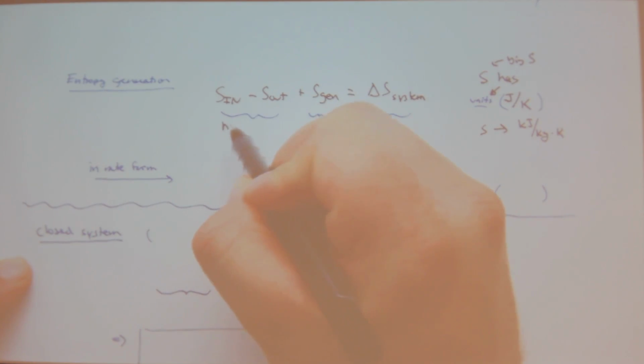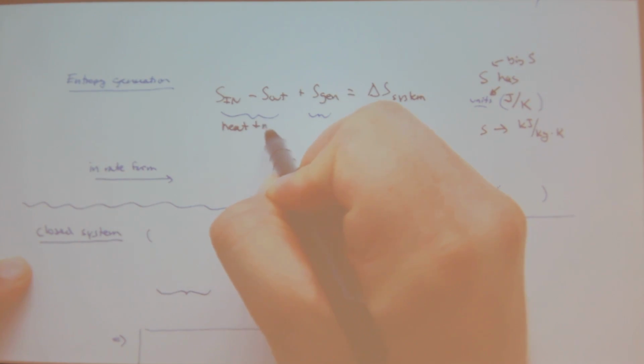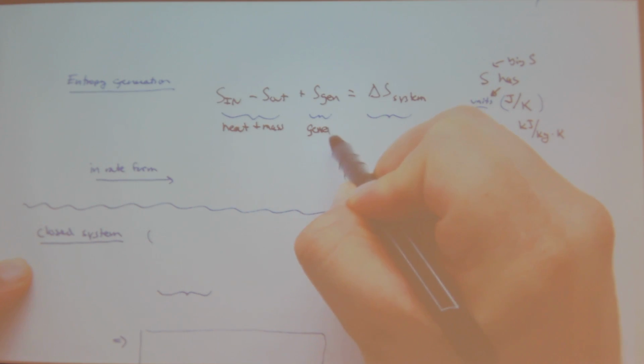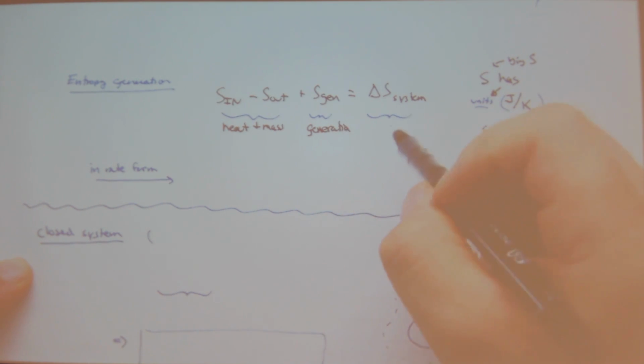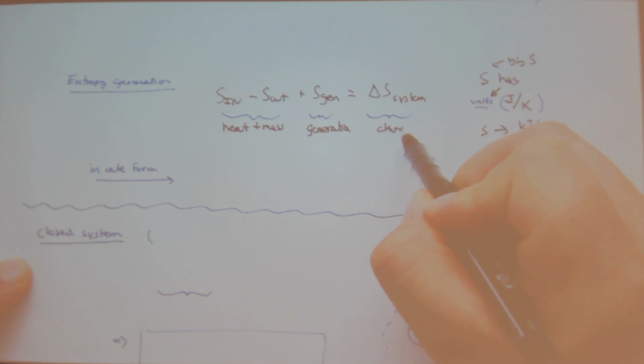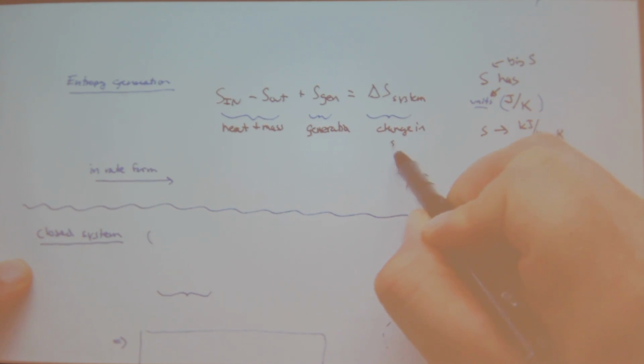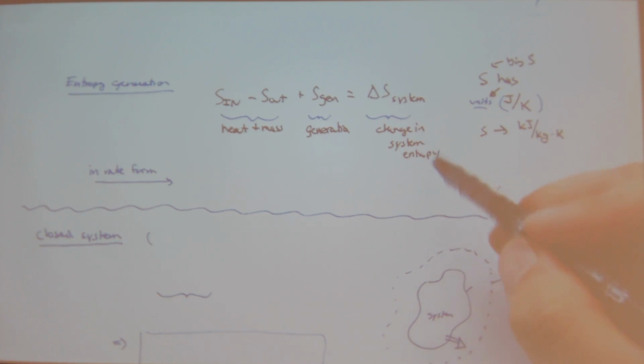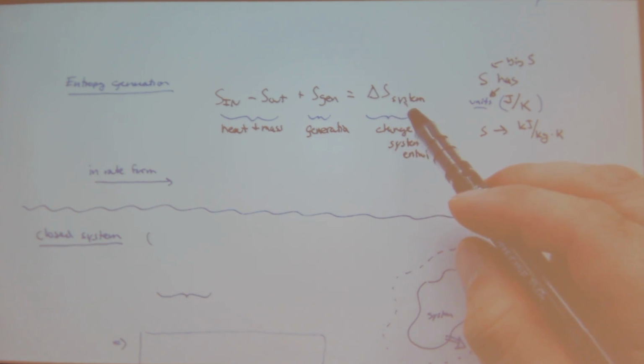So heat and mass, generation, and the change in system entropy from going from one state to another state.